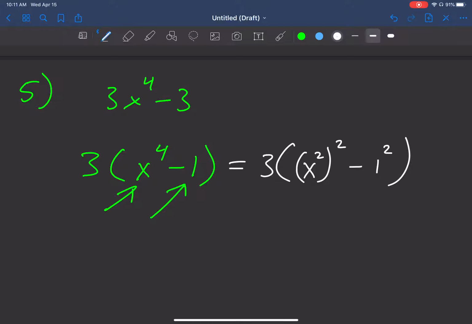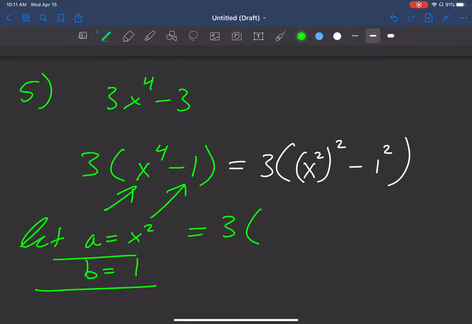Now this fits the form if I let a equal x squared and let b equal 1. So our substitution is going to come down to 3 times (a squared minus b squared).